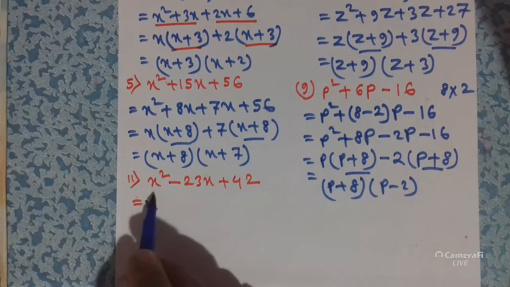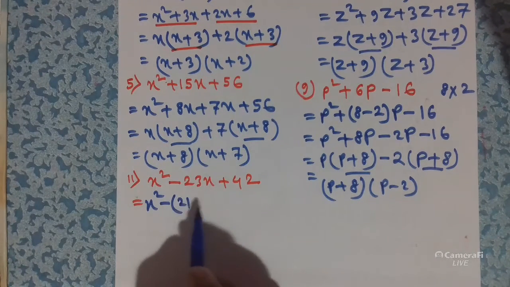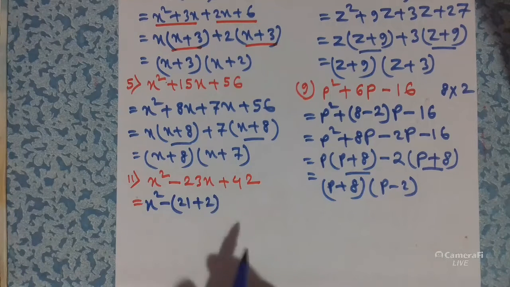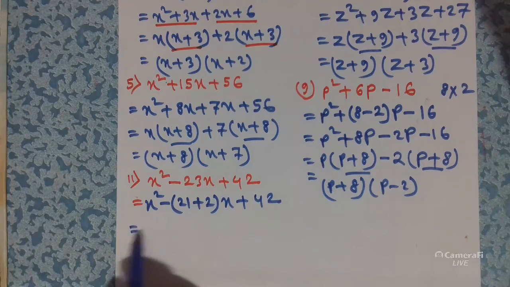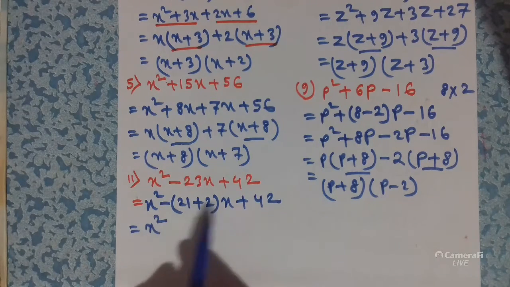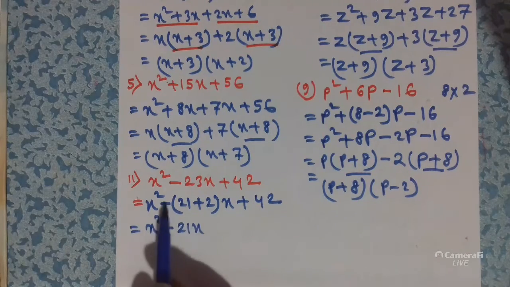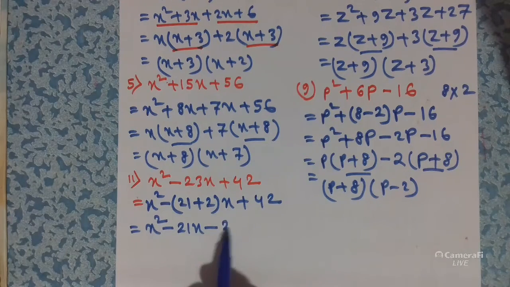So x square minus, in the middle we can take 21 plus 2, because 21 plus 2 is 23, x plus 42. Now remove this bracket, x square, now it is minus 21x and minus 2x.